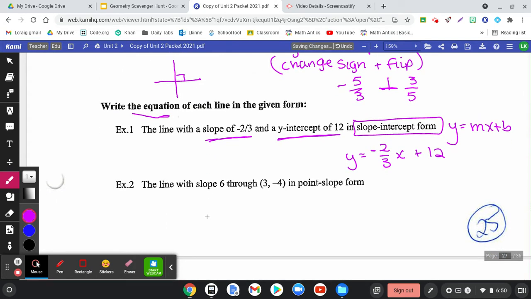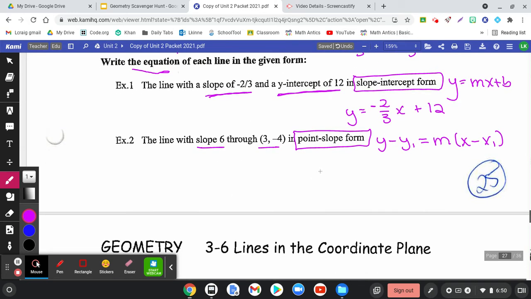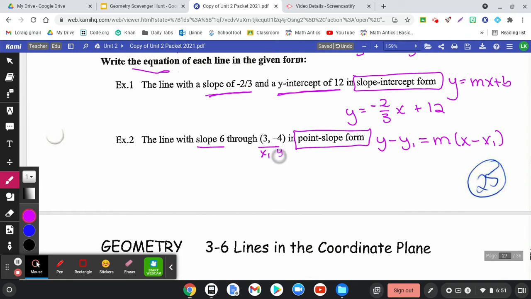The next one gives you the slope and a point. So again, it makes sense to use the point-slope form. And again, that is y minus the y value in your point equals the slope times x minus the x value in your point. I know that equation's a little bit harder to memorize because we're not used to it, but trust me, the more comfortable you get with it, the easier it'll be. So this is our x1, y1, and this is our m.